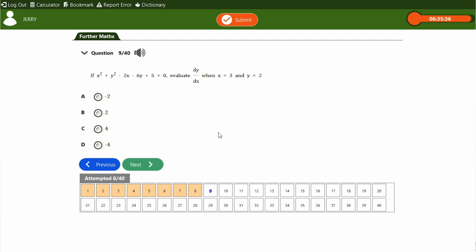If s squared plus y squared minus 2s minus 6y plus z equals 0, evaluate dy/ds when s equals 3.